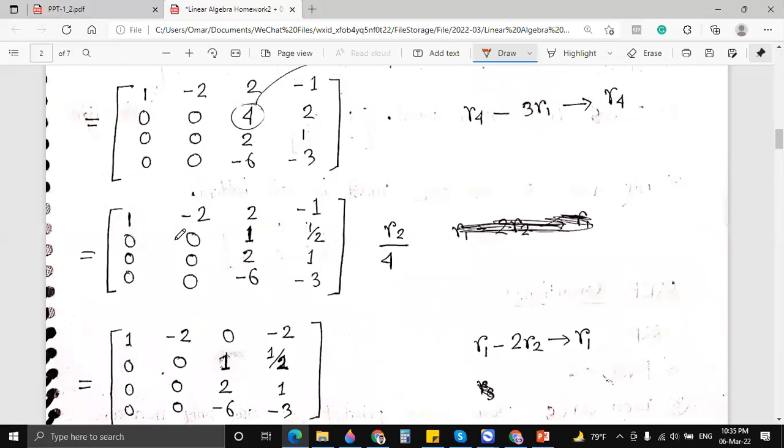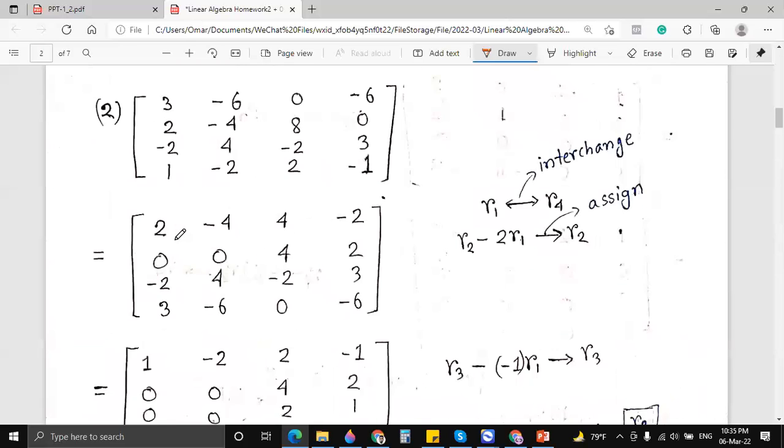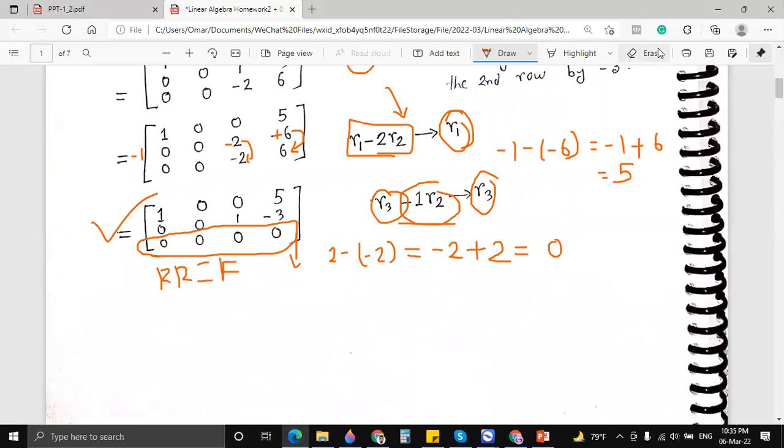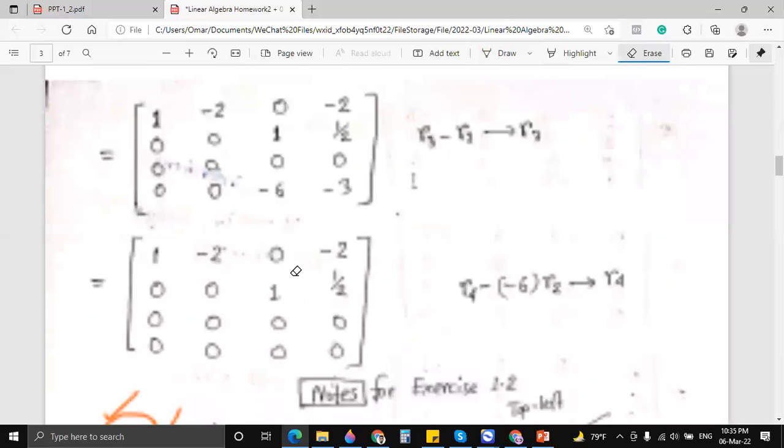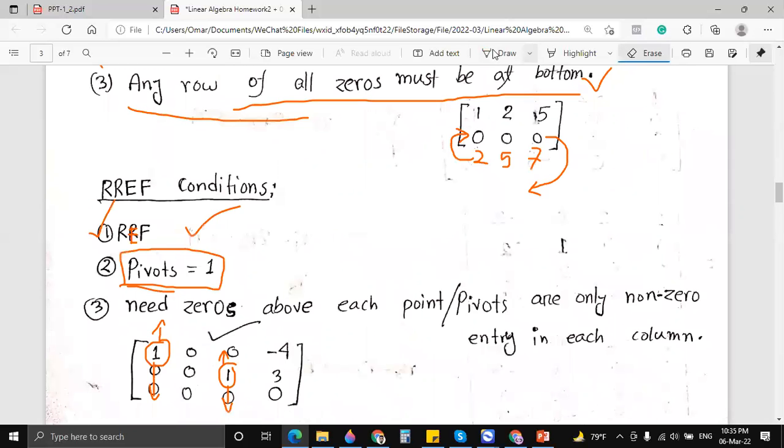So we look at the first non-zero entry in each row, okay? The first row, the first non-zero entry is 1. The second row, the first non-zero entry is 1. And the third row, we don't have any number, so we don't need to think of the third row. So all the pivots, they are 1, okay?